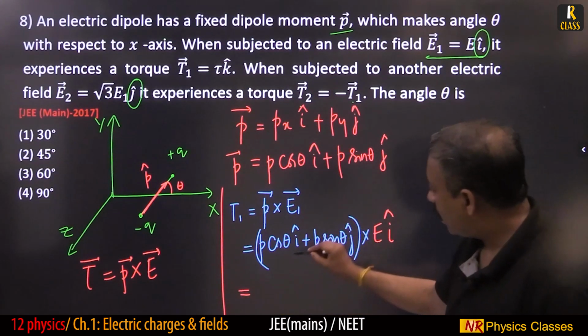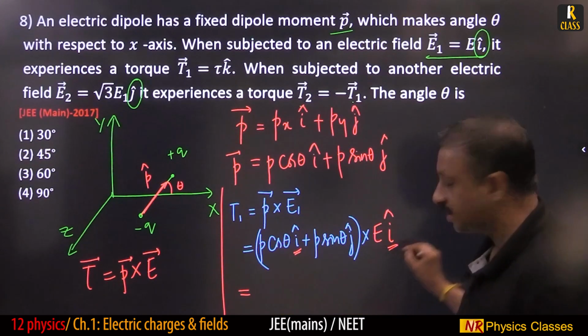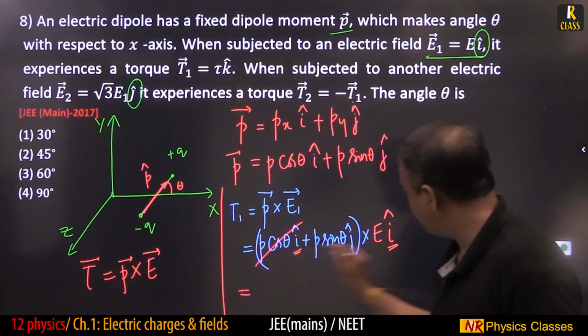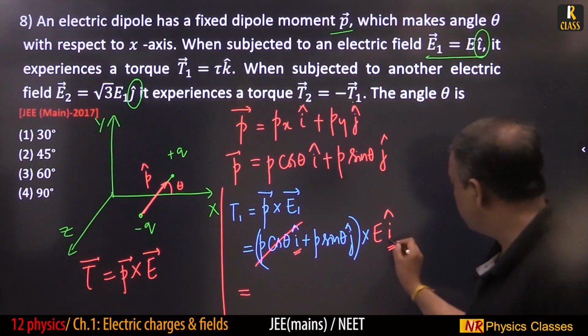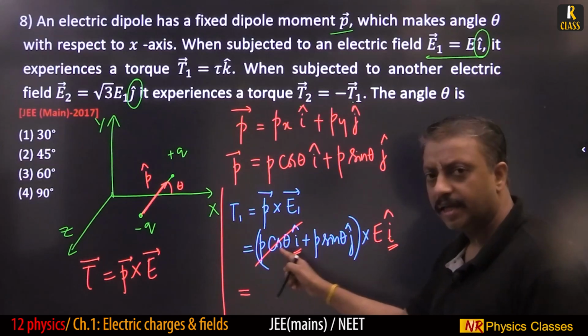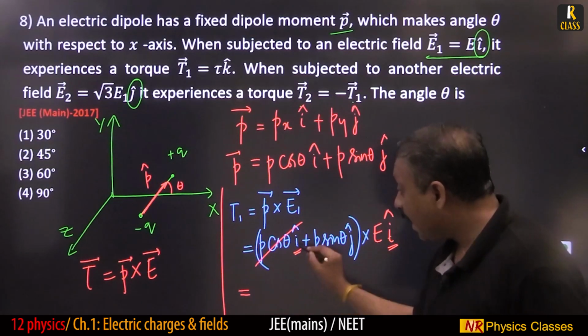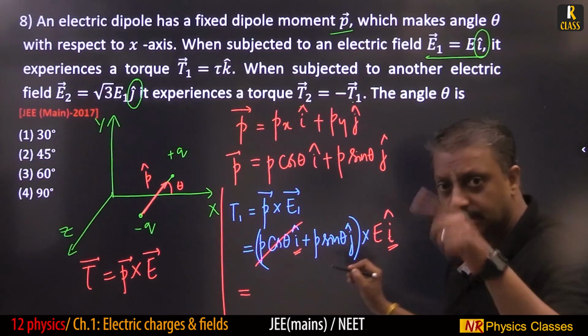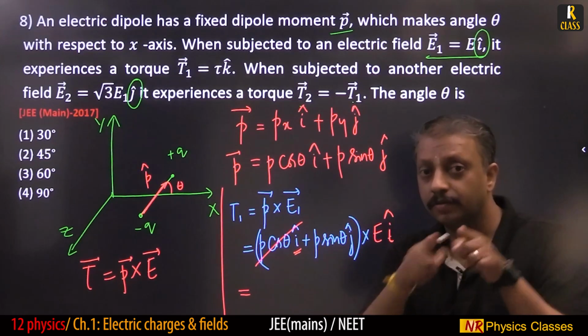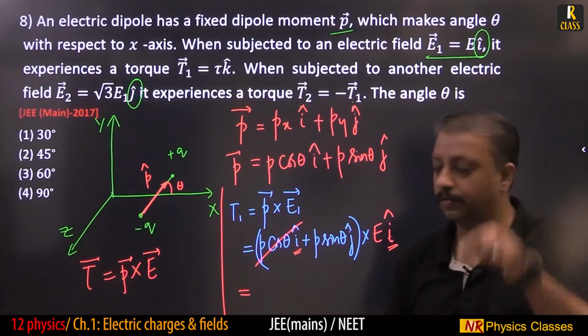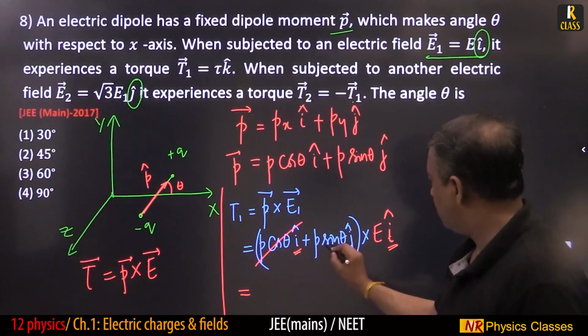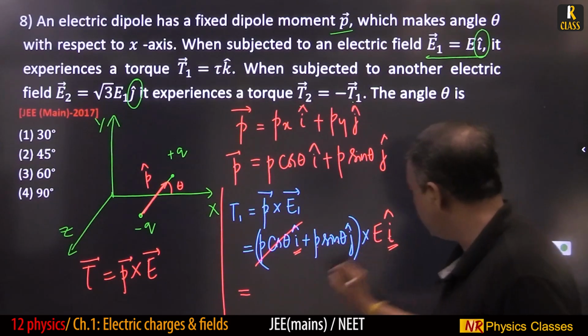And you know, i cap cross i cap is 0. So this term cancels. The angle between x-axis and x-axis is 0. Cross product when they are in the same direction is 0. Done. Now remaining is P sin theta E.